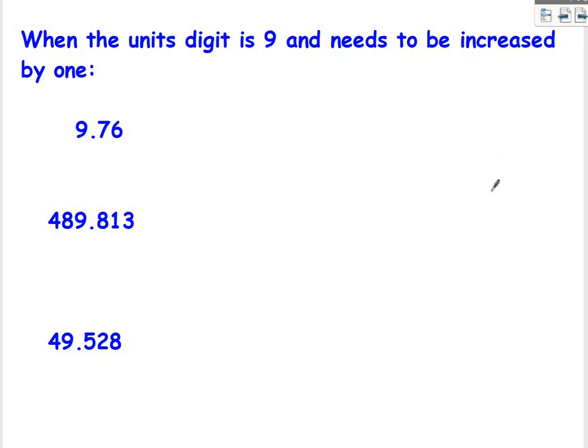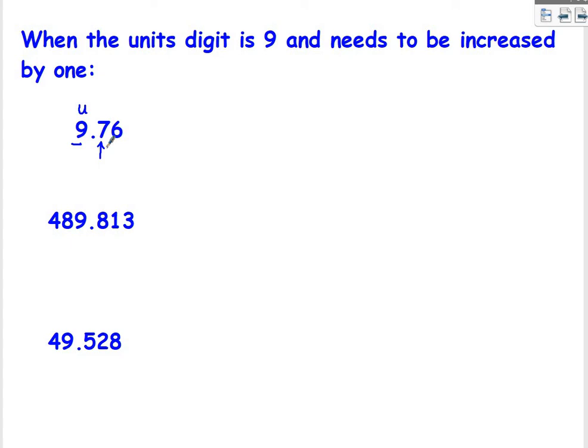Now, some of the questions can be a little bit trickier, and these are the ones when the units digit is 9 and needs to be increased by 1. So let's look at a couple of those examples here now. We're going to go through the same process again. In the units column, we have the number 9. We look at the tenths column to see whether or not we need to round up the 9.